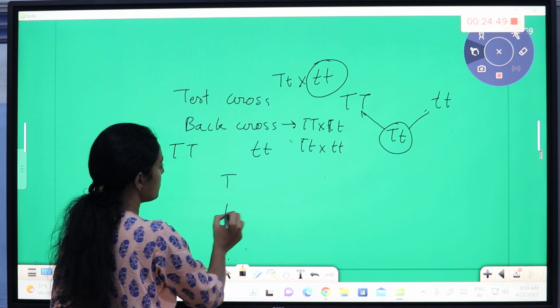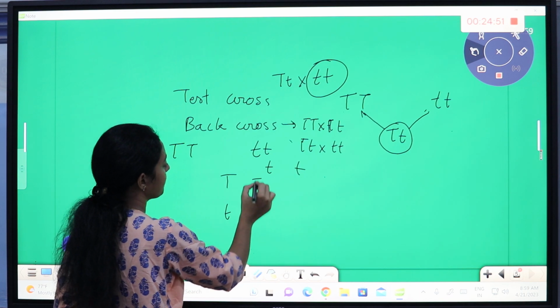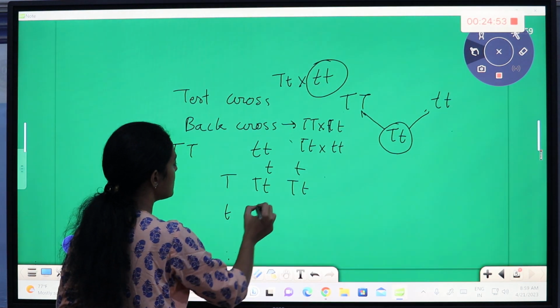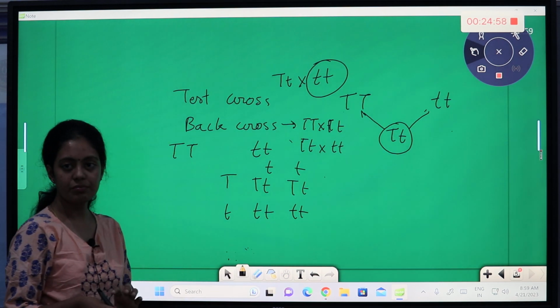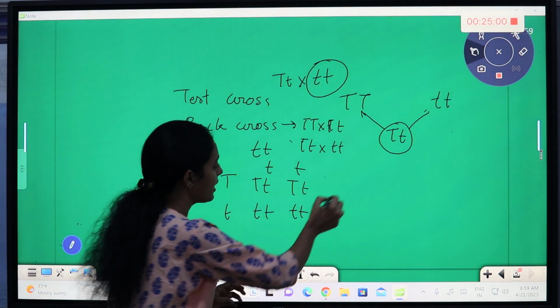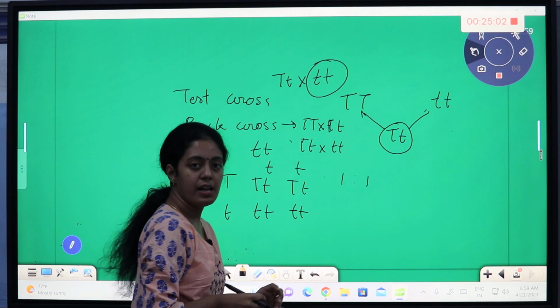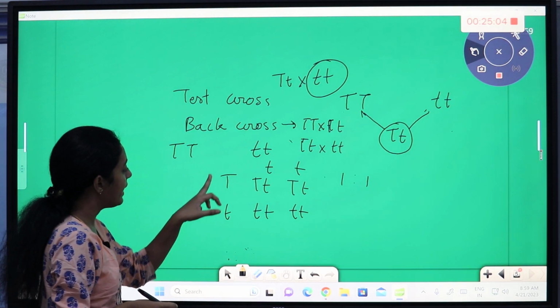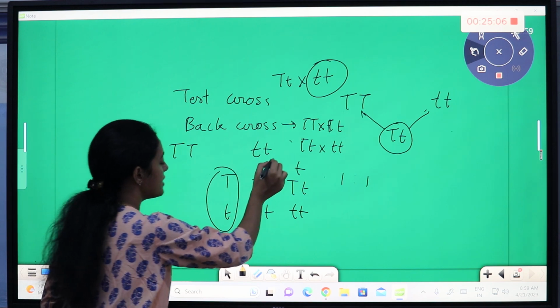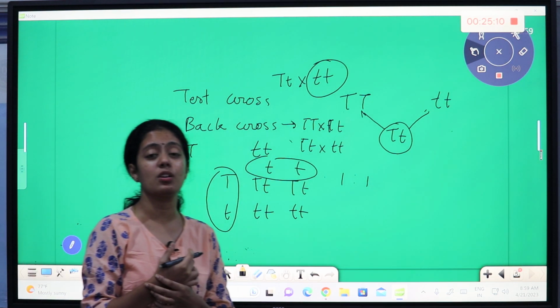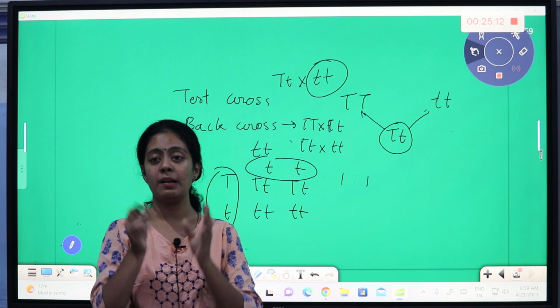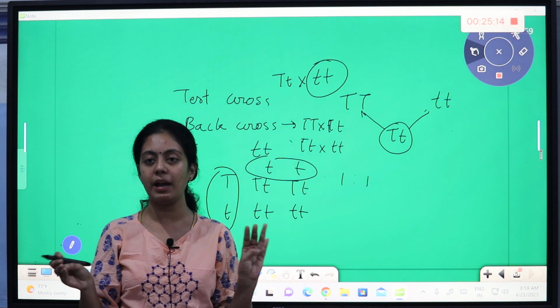Capital T, small t, small t, small t. What do you see here? What do you see the ratio to be? 1:1, correct? Yes or no? So this is your heterozygous F1 and this is your recessive parent. So the ratio of test cross is 1:1. Please put it very clearly in your mind.